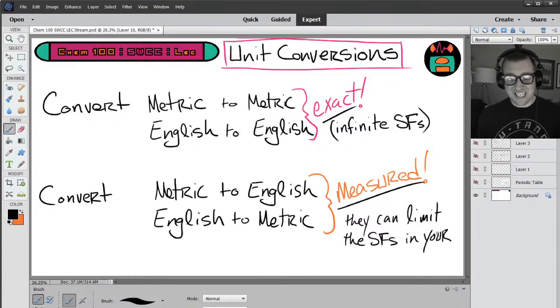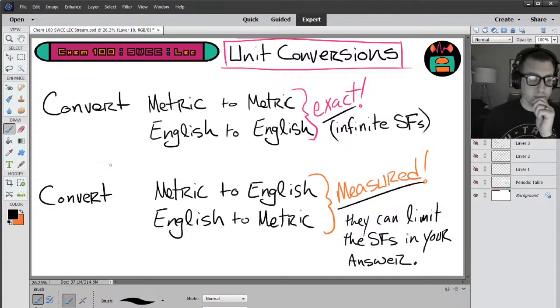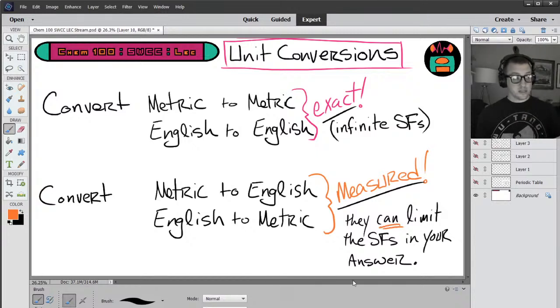They don't necessarily, but they can. All right, and that's key. Sometimes they will, sometimes they won't, but you have to be aware that these unit conversions do come with significant digits because they're measured and they have the capacity to limit your answers.